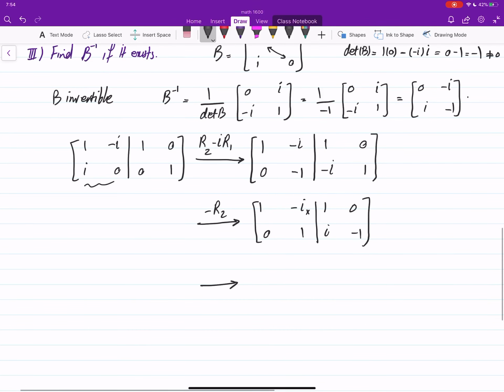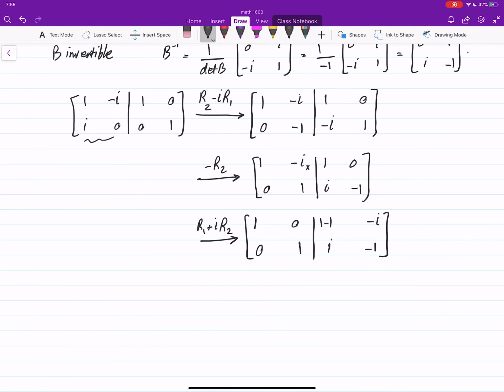For that, we multiply row 2 by I and add it to row 1. This way we'll have 1 here, 0 here. I times I is negative 1, added to 1 is 1 minus 1, which is 0. And here we have minus I plus 0. This is minus I. 0, 1, I, negative 1.